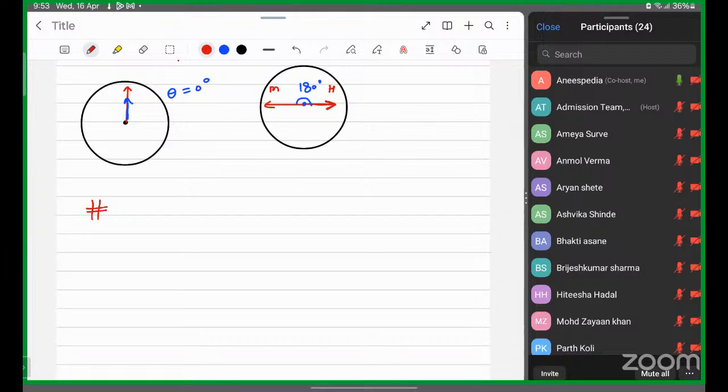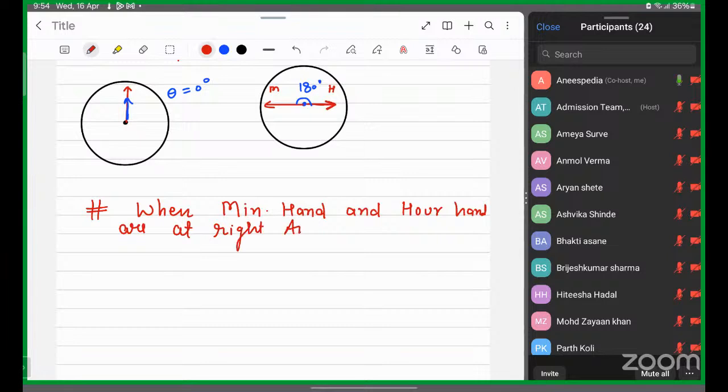Next point is, when the minute hand and the hour hand are at right angles, they are 15 minutes apart.